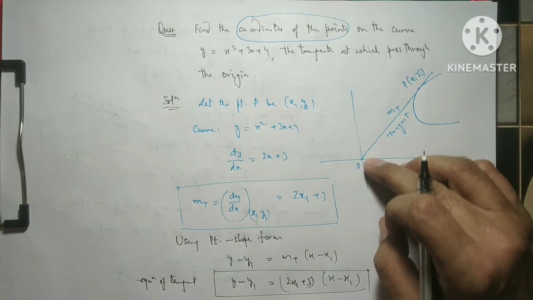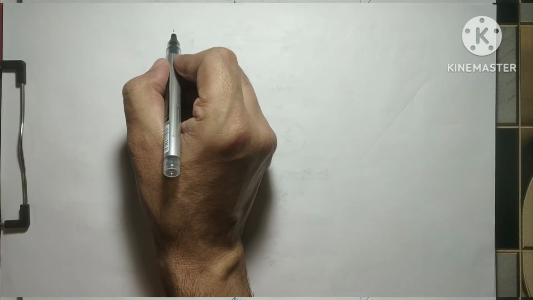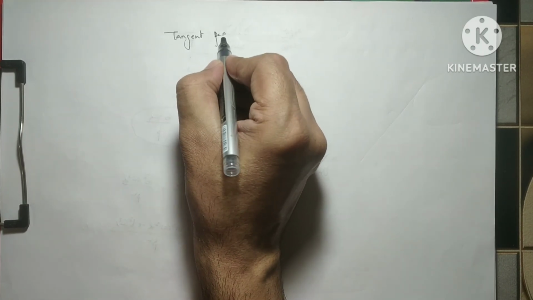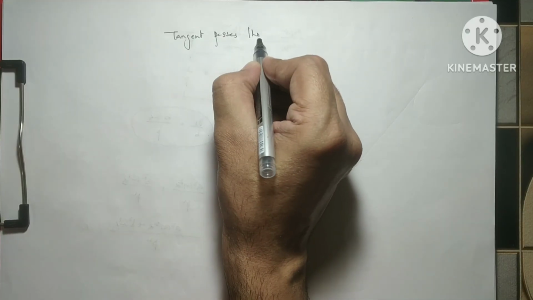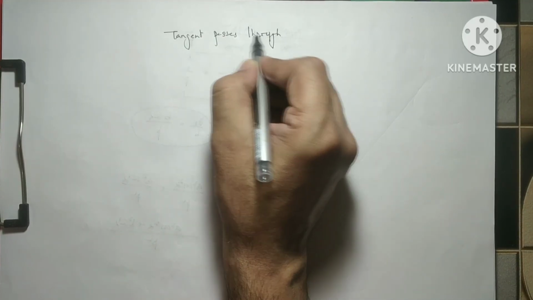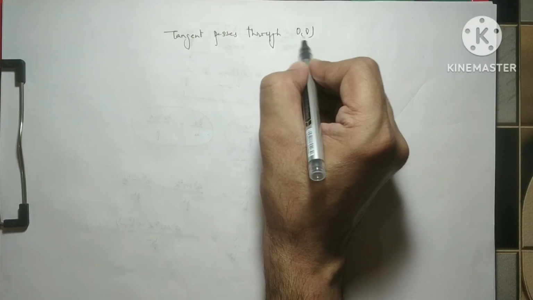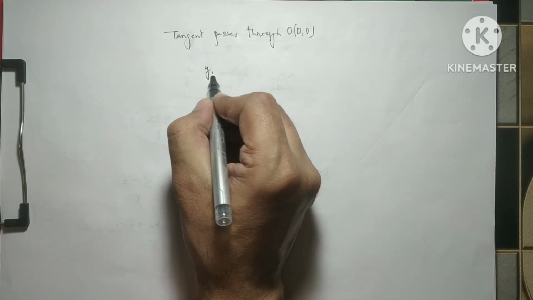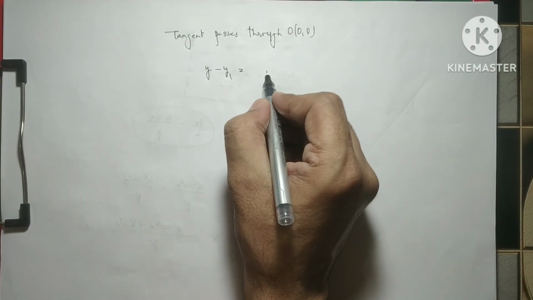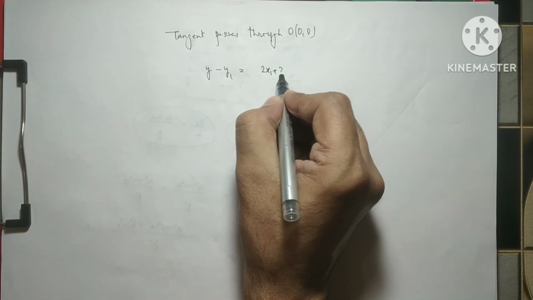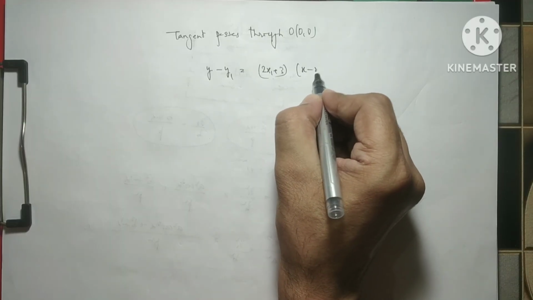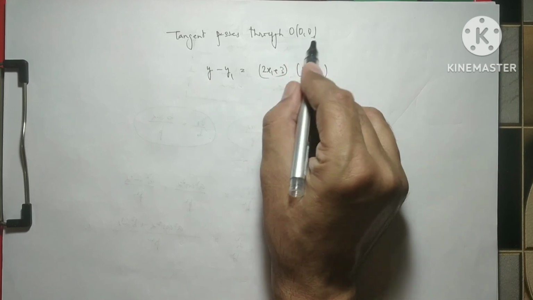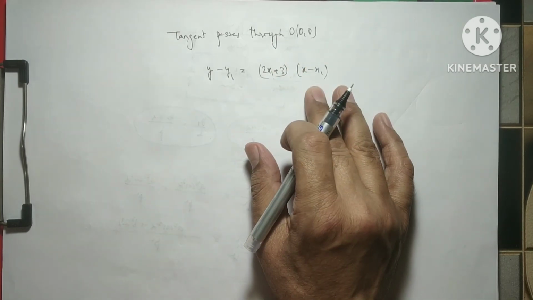And this tangent passes through 0 comma 0, and we have the equation of the tangent y minus y1 equals 2x1 plus 3 times x minus x1. When this passes through this point, the point satisfies the equation of the tangent.